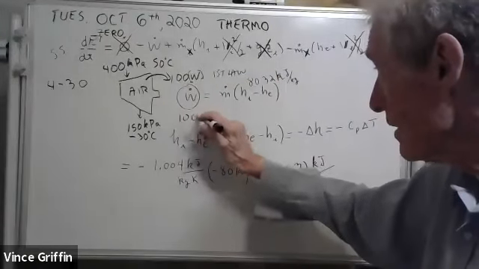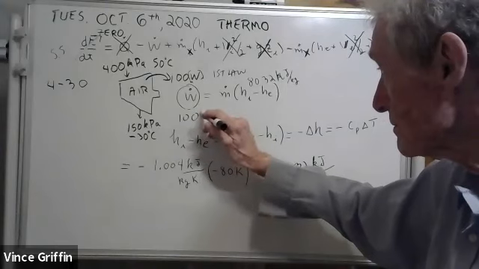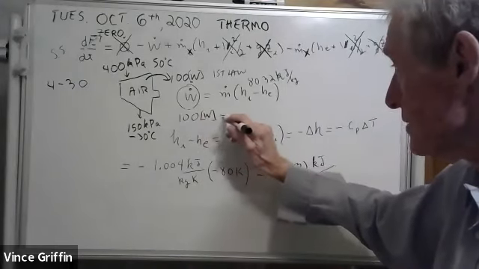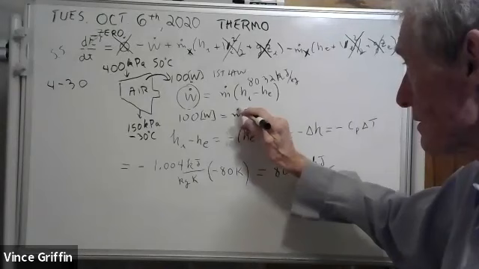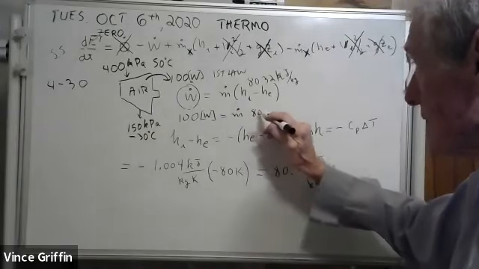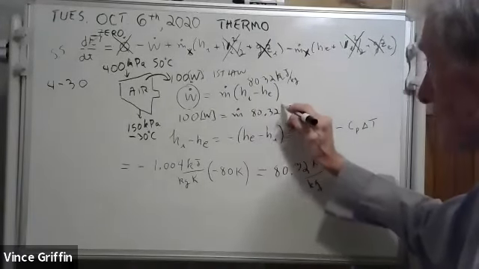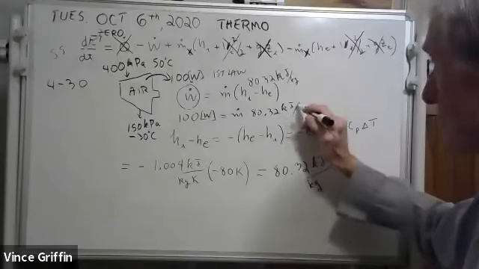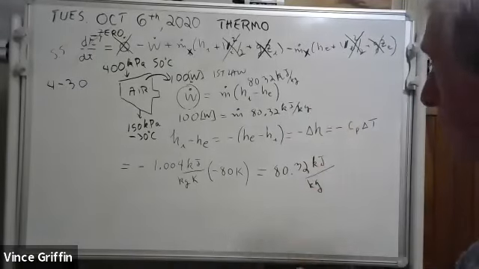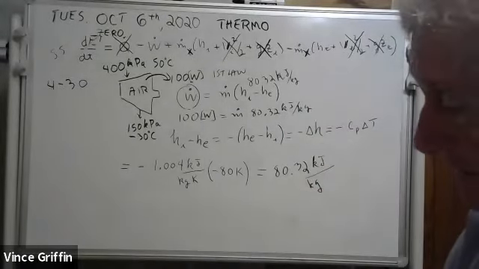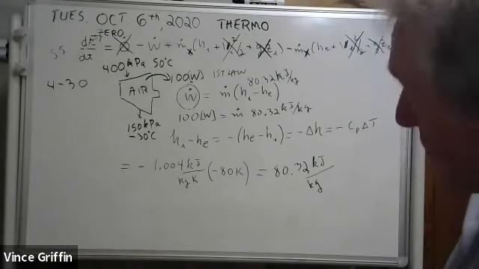So we have 100 watts is equal to m dot times 80.32 kilojoules per kilogram. Now here's where we could foul up.